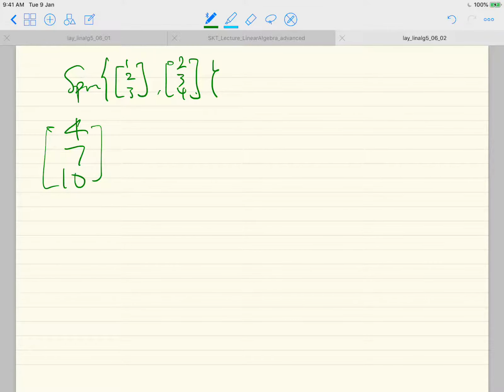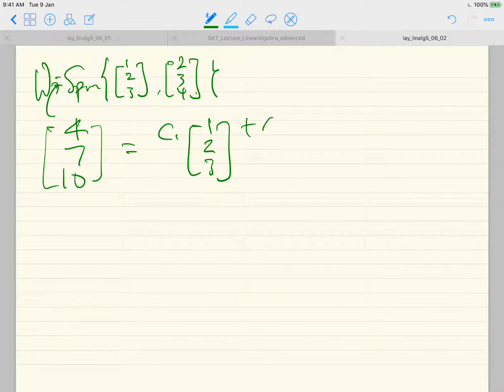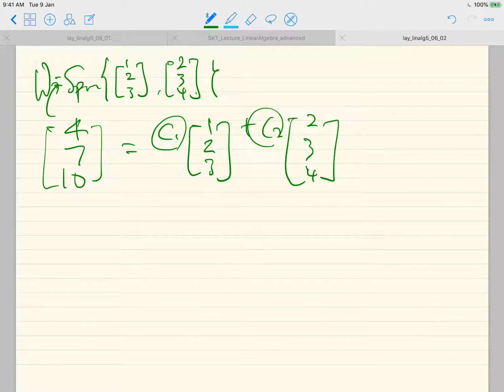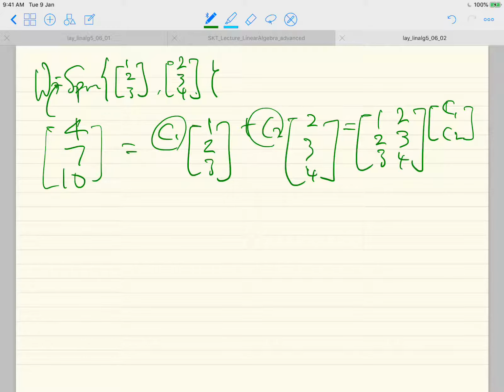I chose this vector from the subspace W, and let's try to represent it as a linear combination of these two vectors. How can we obtain C1 and C2? Typically, we will form this linear system, right? This one is our B, and this one is AX. So we will have to perform the Gaussian elimination, and that's how we obtain C1 and C2, right?